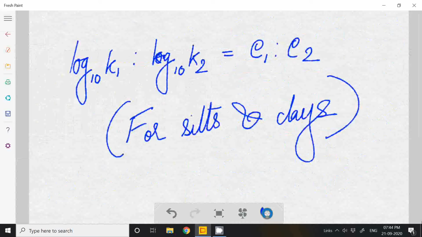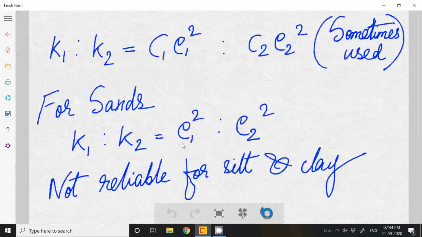So you need to understand this: log base 10 of k1 is to log base 10 of k2 is equal to e1 is to e2. So please go through these notes, whatever I have discussed.